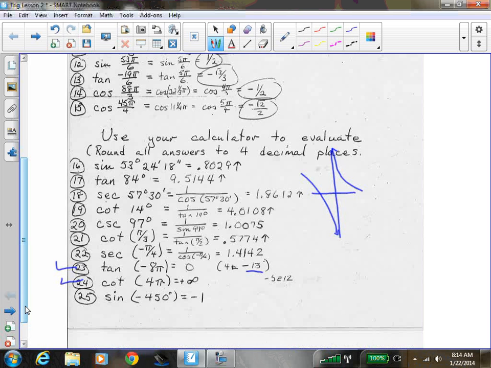And so we'd have a hard time telling whether it should be negative infinity or positive infinity, because it would depend on whether we were looking from the left or from the right. So in these two, I want you to check carefully on your paper to make sure you get those right.